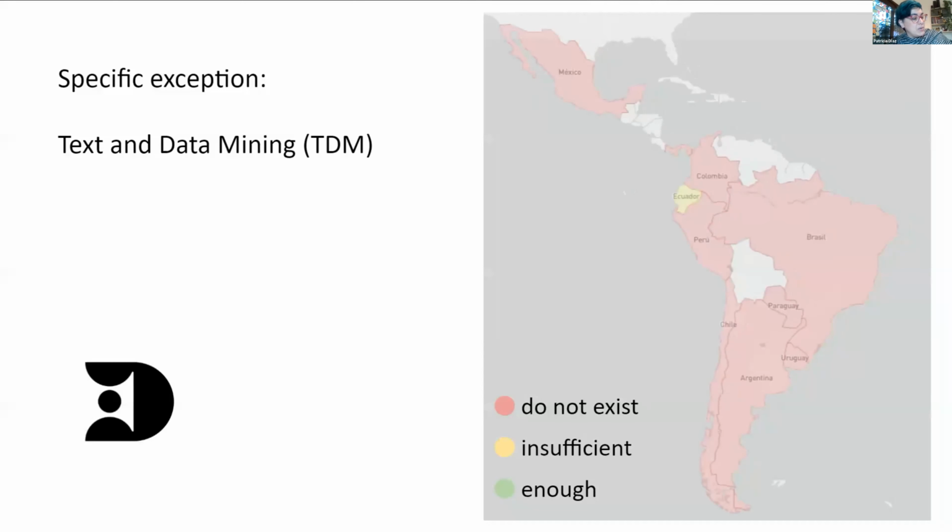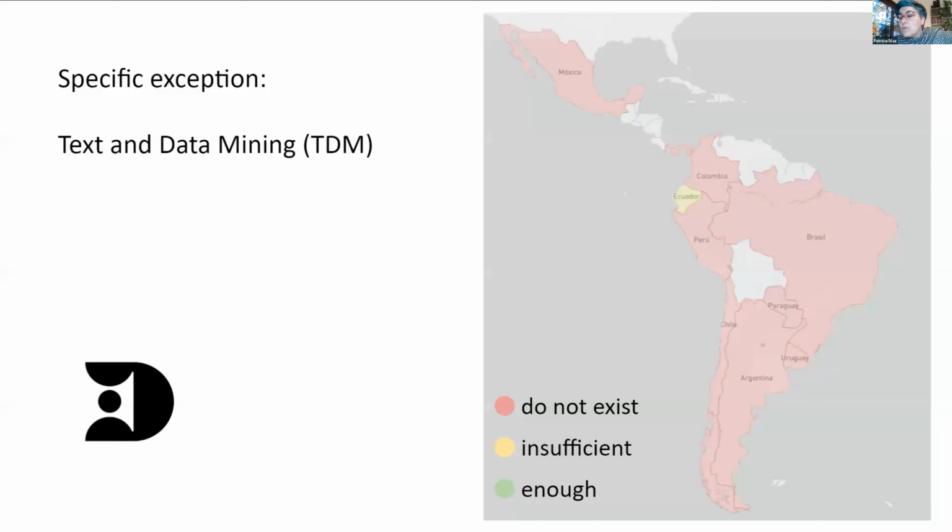The next map is about specific exemptions on text and data mining. Databases are considered works, and to carry out text and data mining analysis on a database, it's necessary to copy it and perform acts of processing like cleaning, reordering, standardizing, and so on. The only country that provides a specific exemption for text and data mining is Ecuador, but it only provides it in the context of libraries and archives.